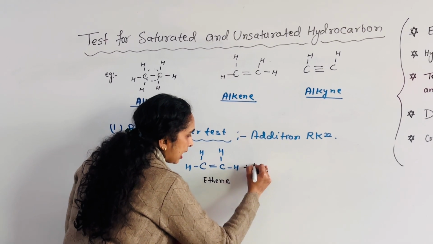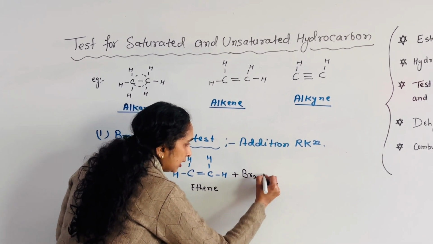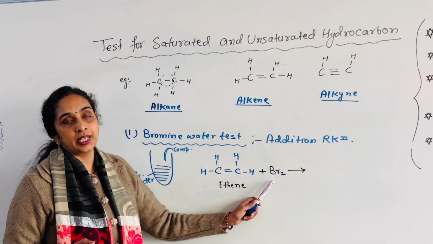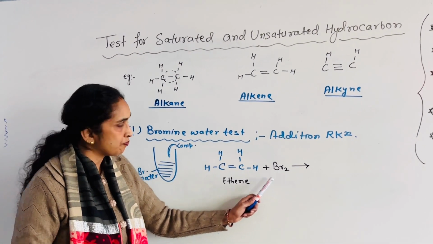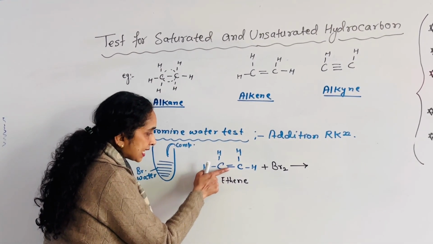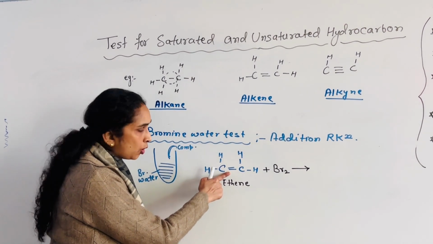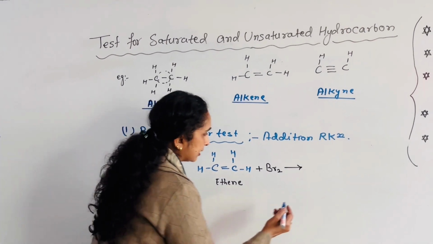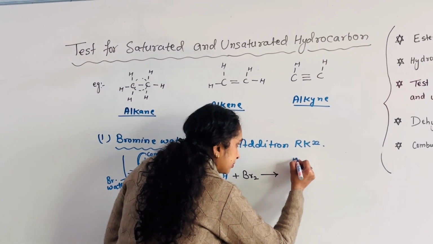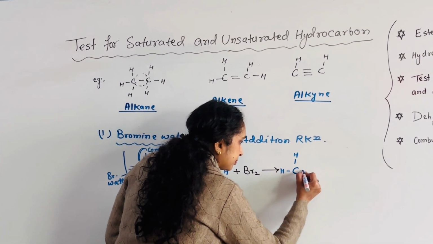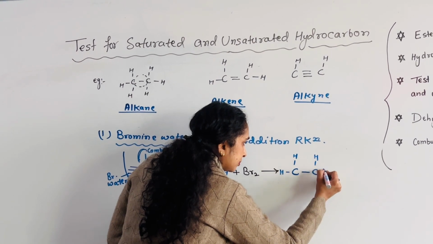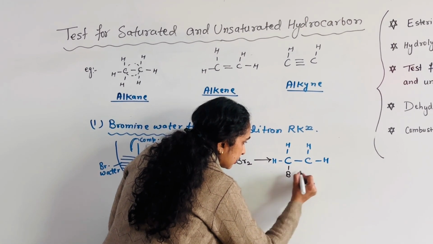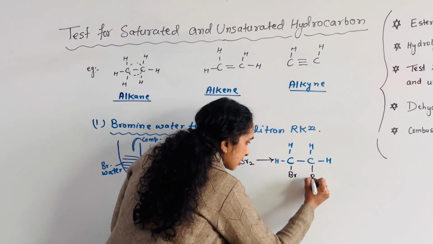When we add bromine, the bromine breaks into bromide ions, and the second covalent bond, being the weaker bond, breaks and bromine is added here like this.